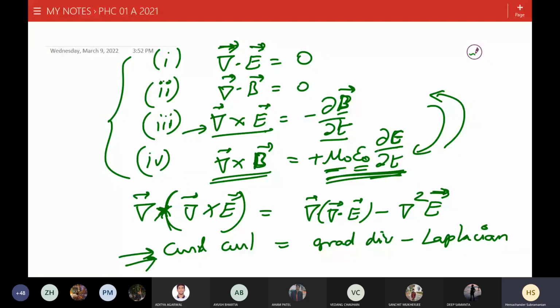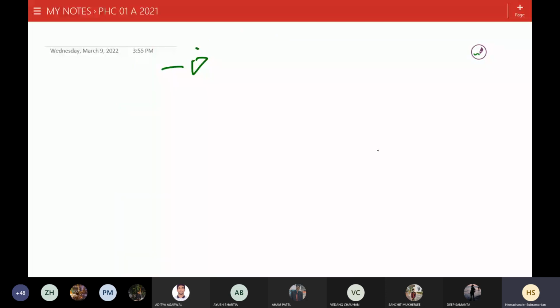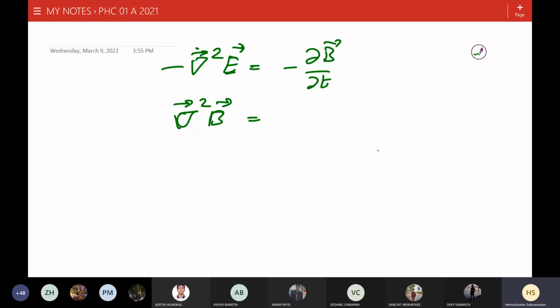So you know the divergence of E is 0, so this term goes away. Basically, the third equation gives you minus del square E equals minus dou by dou t of curl B. Oh, sorry, I made a mistake here.